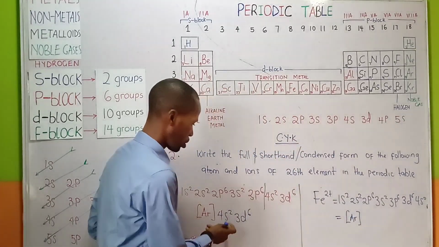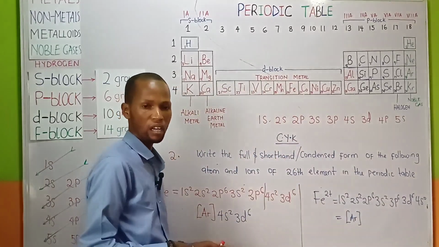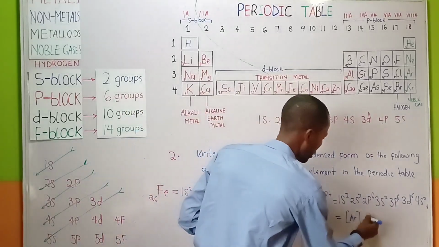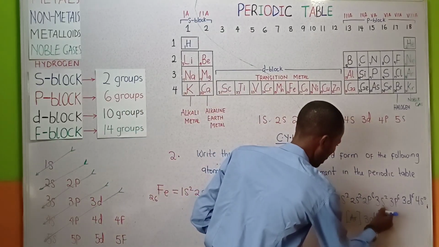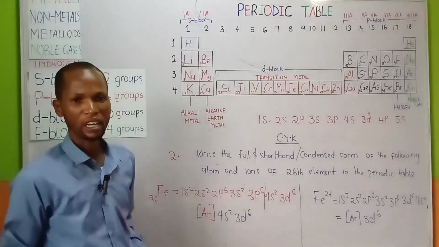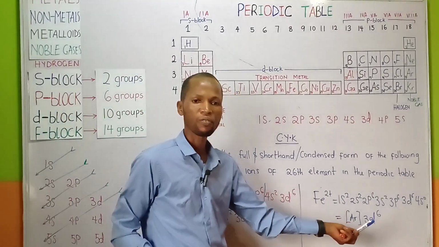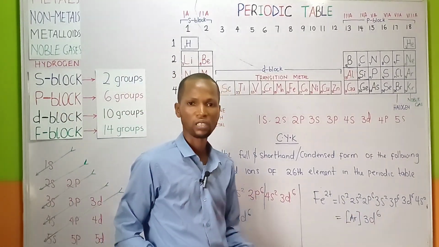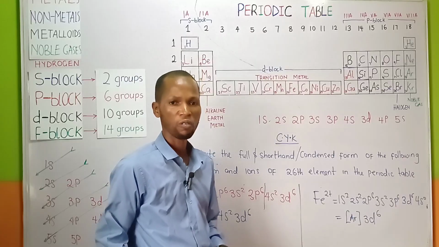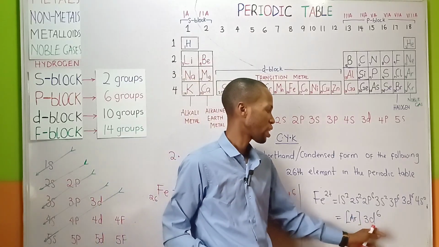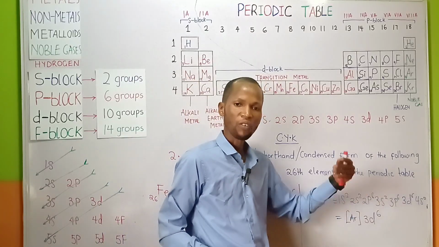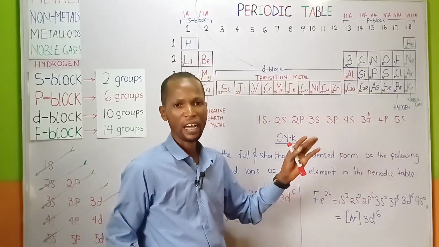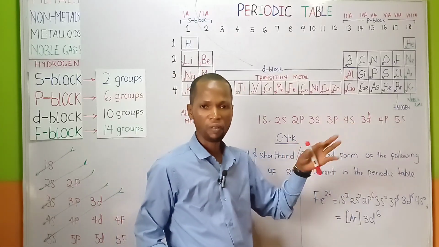So the 4s electron is lost. We are left with what? The 3d6. That is the electronic configuration for Fe2 plus, after we have loss of 2 electrons. It ends with what? 3d6. The 4s orbital is exposed to electron loss. So we have loss of 2 electrons.